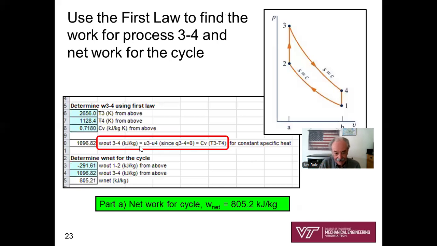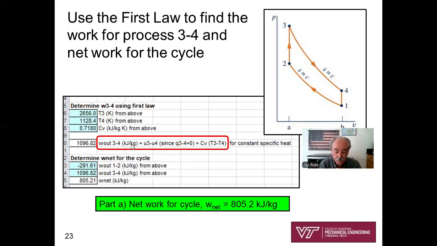We got to flip the sign. Work out from 3 to 4 is U3 minus U4, constant specific heat. So U3 minus U4 is simply CV times T3 minus T4. Plug and chug once again to get work out from 3 to 4, 1097 kilojoules per kilogram.